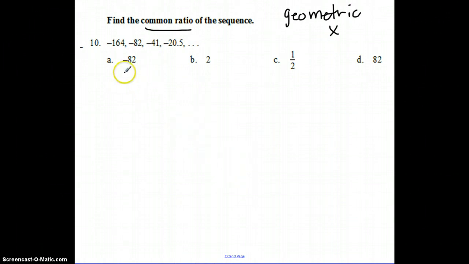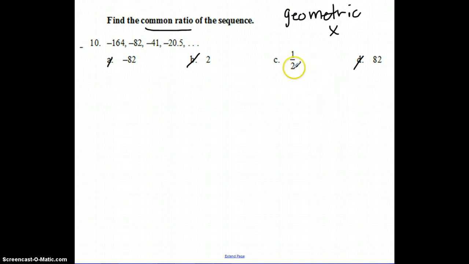Now, if I look at this sequence, the numbers are all getting smaller, which means that I have to be multiplying by a number that is less than 1, which really takes A, B, and D off the radar as far as answers.